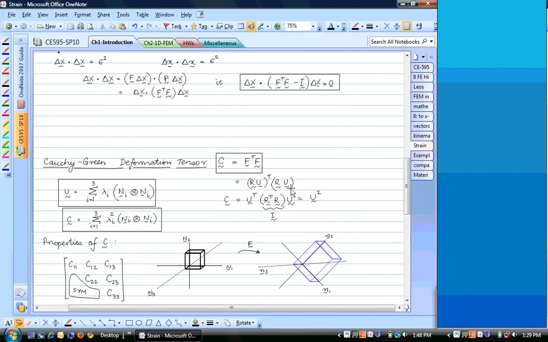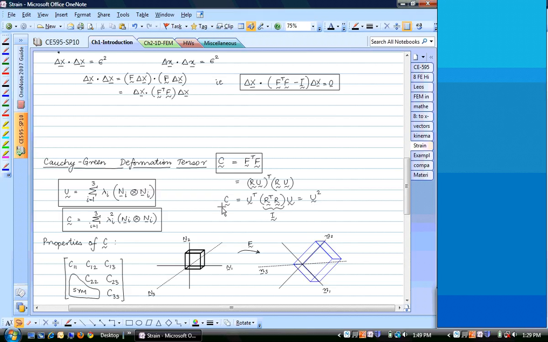Transpose again RU, and since R is a pure rotation, R transpose R is actually equal to identity. This is an orthogonal matrix, or orthogonal tensor. So this becomes identity, U transpose times U, and since U is symmetric, it becomes U squared.